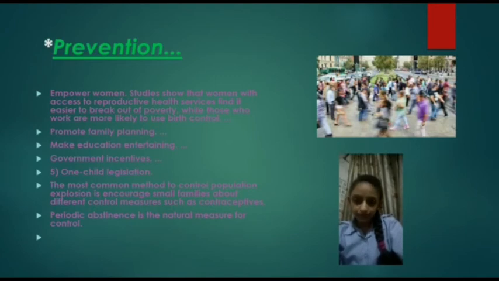Promote family planning, make education interesting, government incentives, one-child legislation. The most common method to control population explosion is to encourage small families about different control measures such as contraceptives. Periodic abstinence is the natural measure to control.